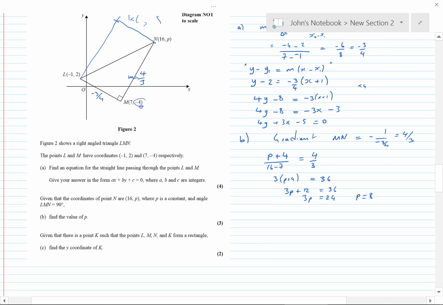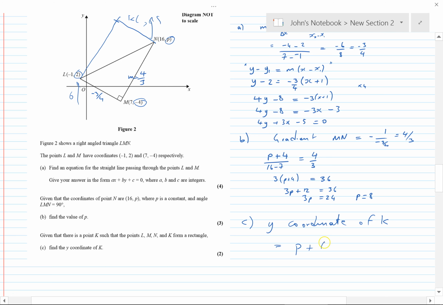Well, notice that the y coordinate from minus 4 goes up 6 from M to L, so it will similarly go up 6 from P to K. So the y coordinate of K is going to be equal to P, which is of course 8, plus, as I say, because it's gone up 6 here, it'll have to go up 6 here as well.